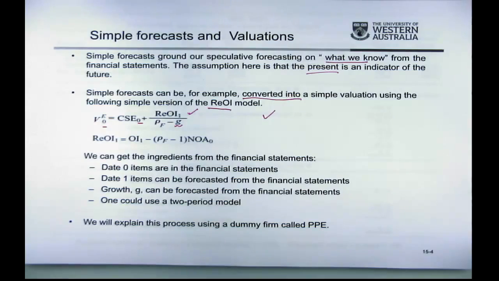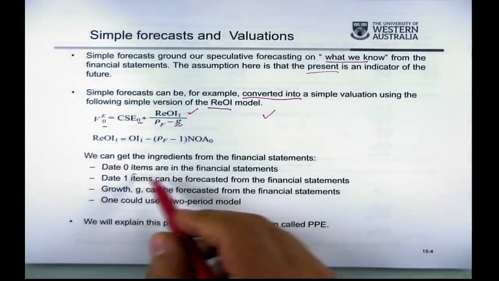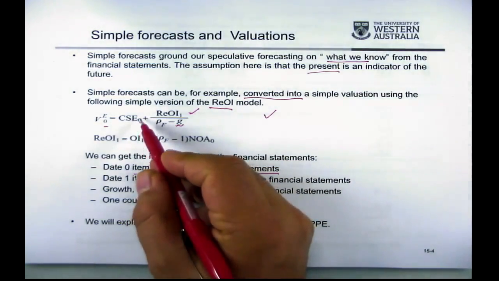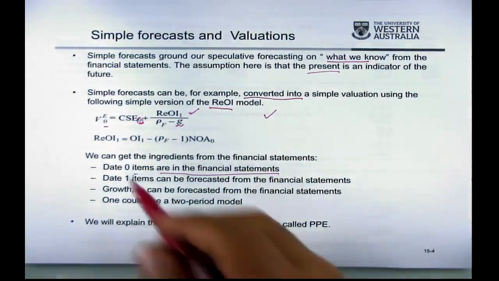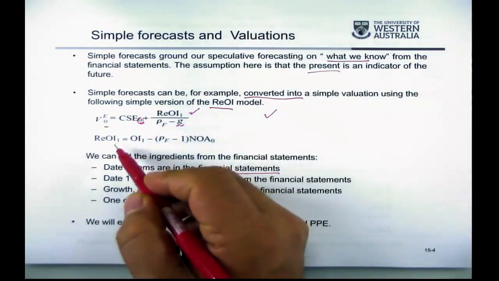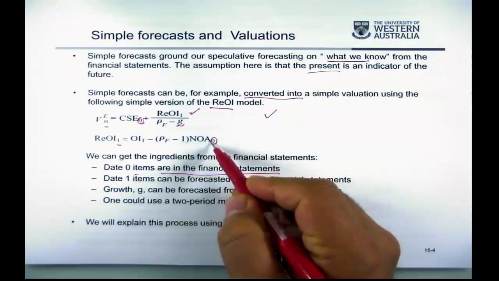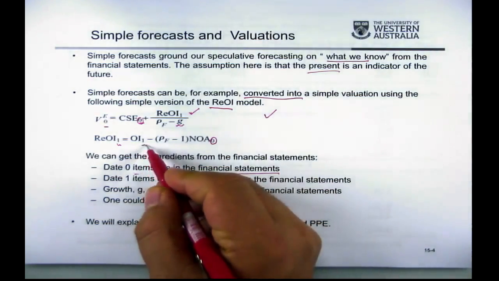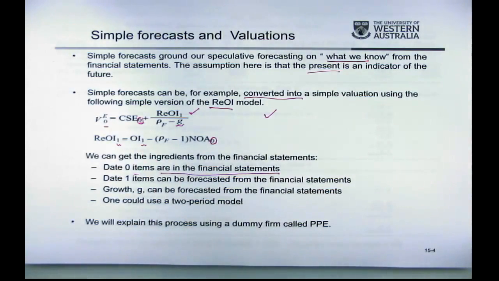Note that it is very easy to do this kind of forecast and valuation. Date 0 items are readily available. From the financial statements, we can obtain the current book value of equity. And in order to forecast the residual operating income in year 1, we also need the current net operating assets. The expected operating income in year 1 can also be easily forecasted using our current financial statements.